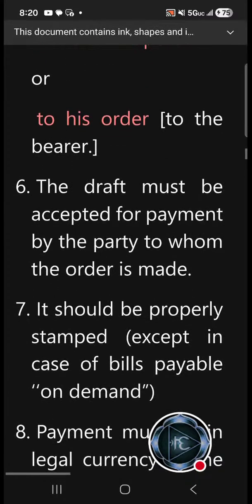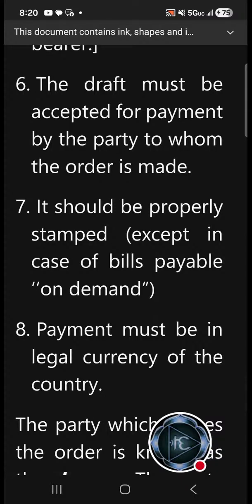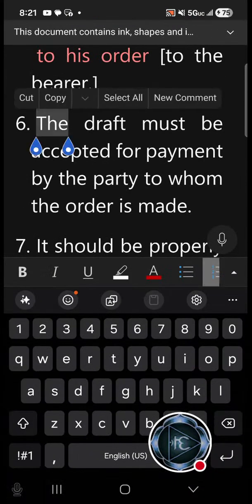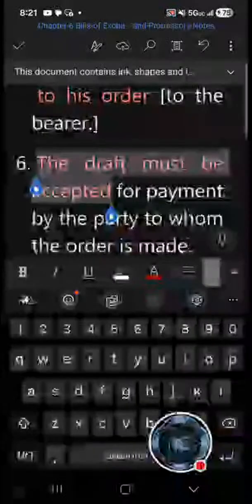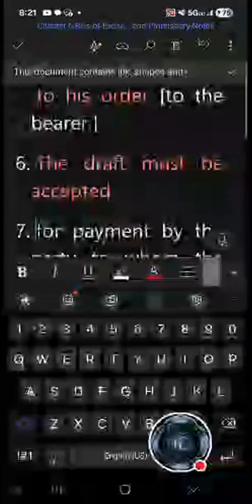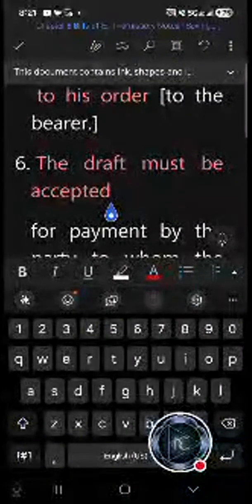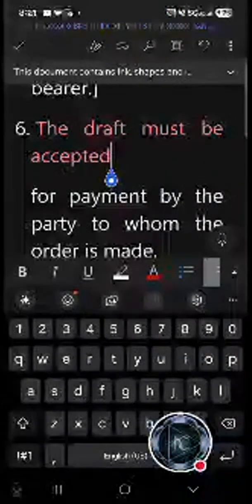All right. The draft must be accepted for payment by the party to whom the order is made. The draft must be accepted. Just highlight it. Let me separate the understanding. The draft must be accepted for payment.